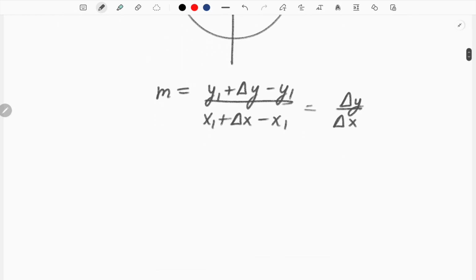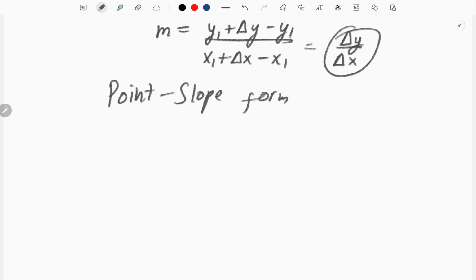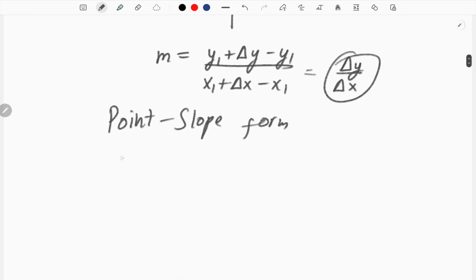Now, for the equation of the line, we can use the point slope form. We know the slope of the line, and we know a point through which the line passes. Let's consider this point. So y minus y1 is equal to the slope times x minus x1. Right?